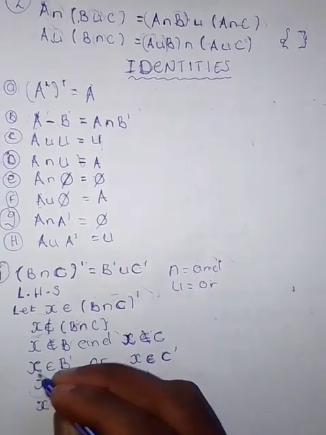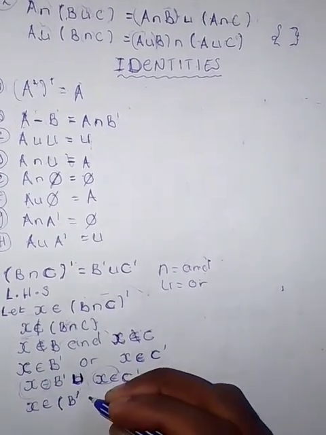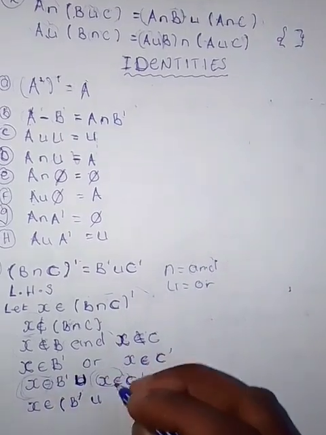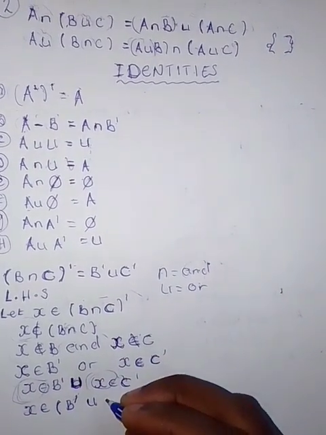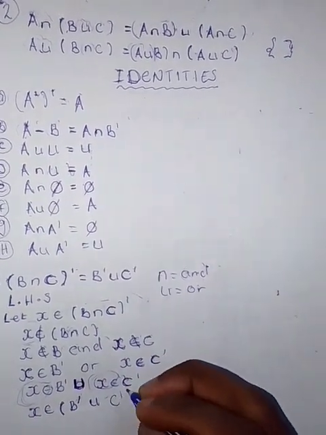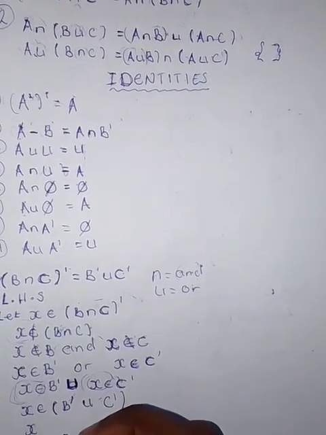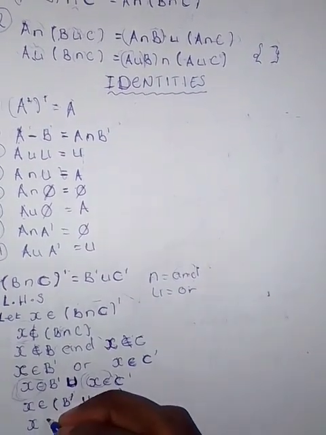B complement union, we're going to assume that they have been removed. So B complement union C complement. Okay, so meaning that we have this.